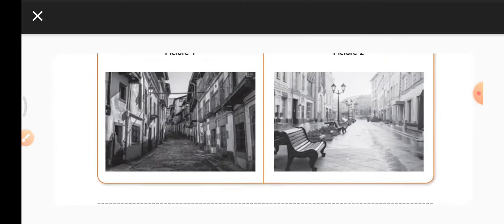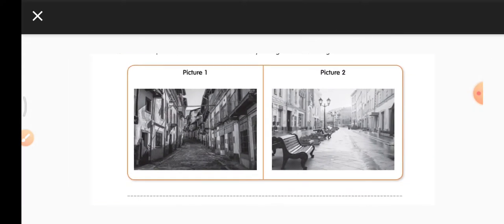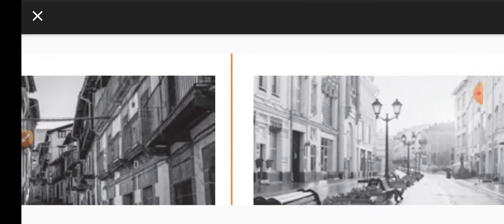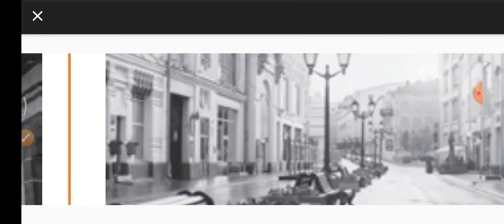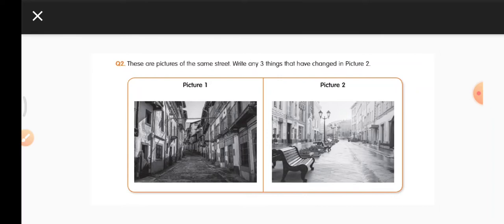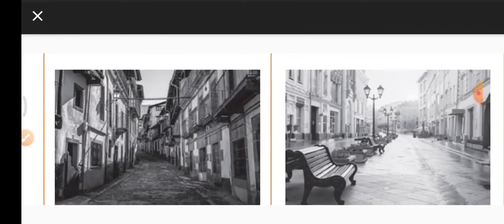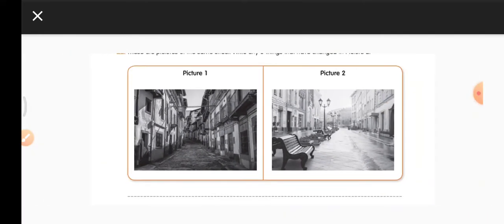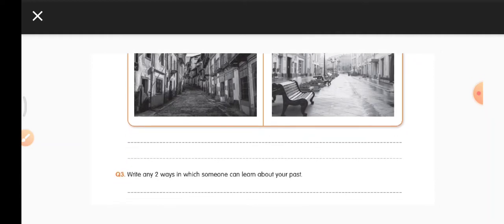In picture 1, we don't see any lamp post. Here in picture 2, you can see the lamp post to the side of the road. In picture 1, we don't see any seats, whereas in picture 2, we can see the seats here. So you can write about it.